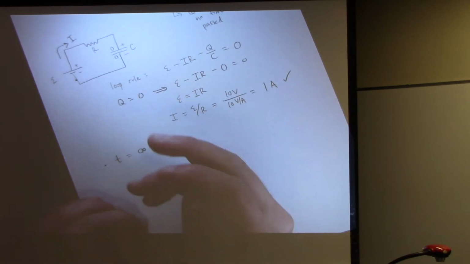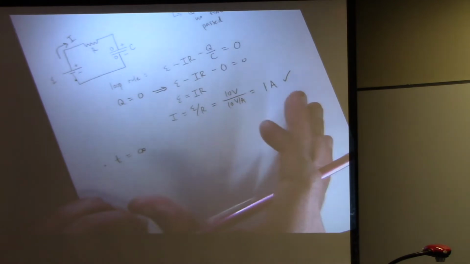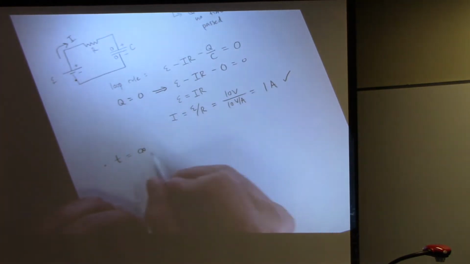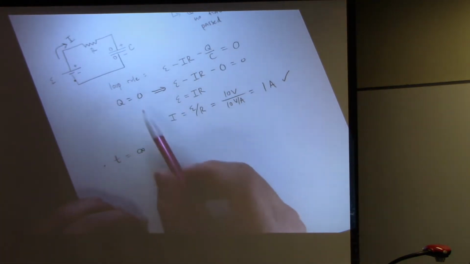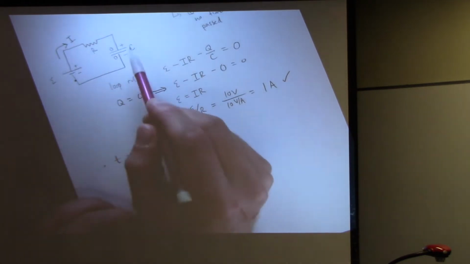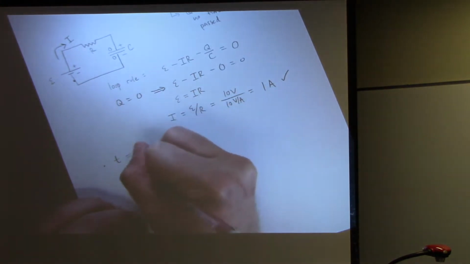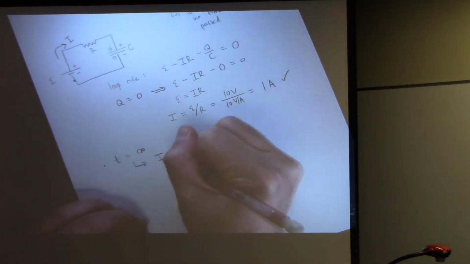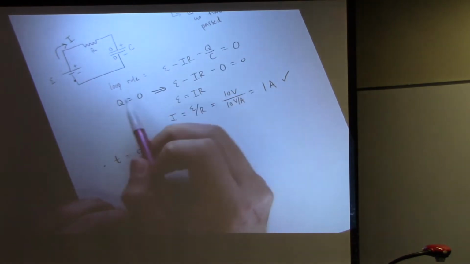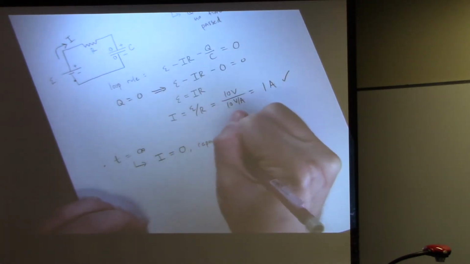So if you recall, current is only going to flow for a short amount of time, because current is only flowing as long as it takes to fully charge the capacitor. So once the capacitor is fully charged, then we don't have any current. So I is going to be equal to 0 if we wait a really, really long time, because the capacitor is going to be fully charged.